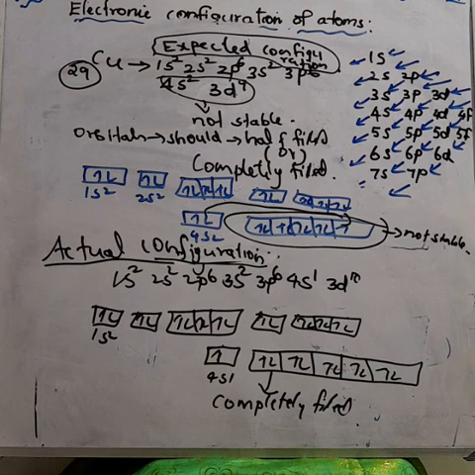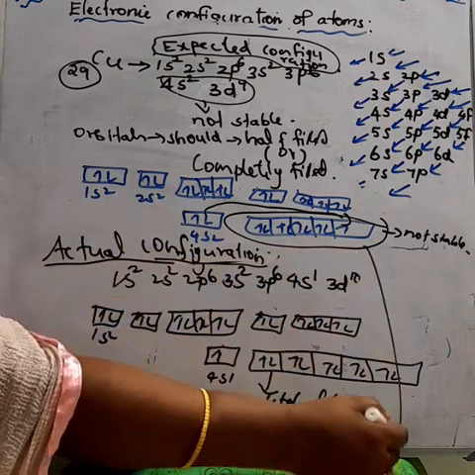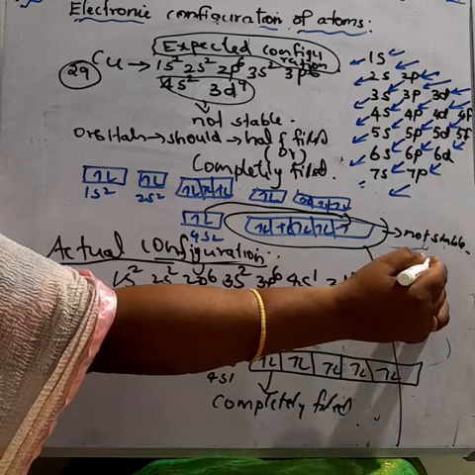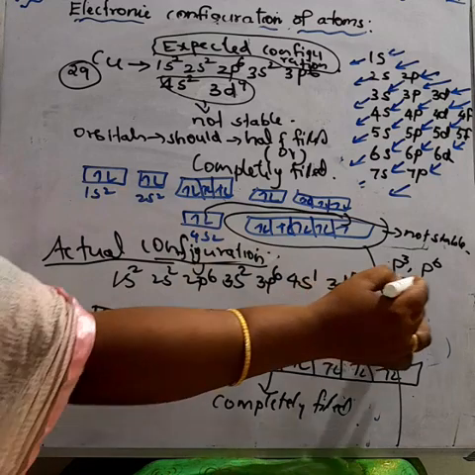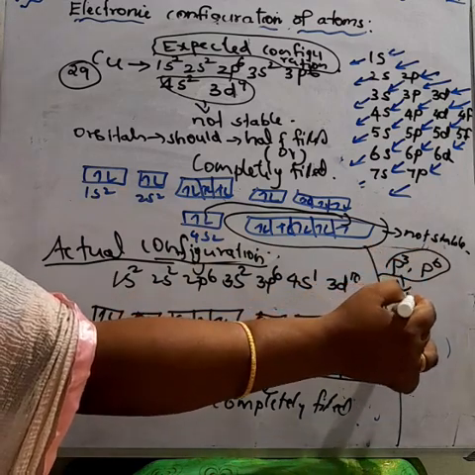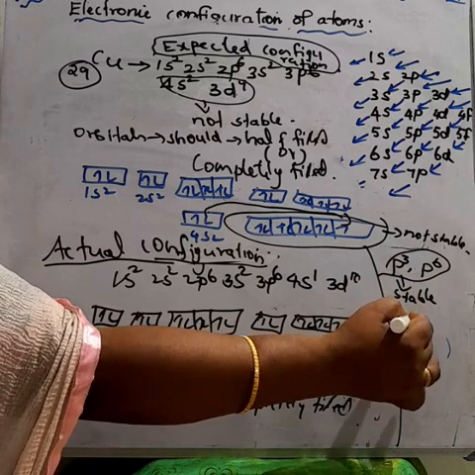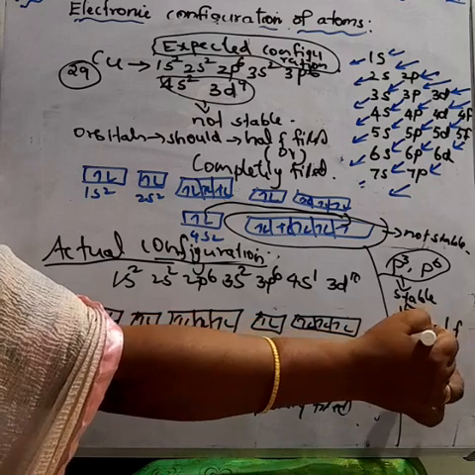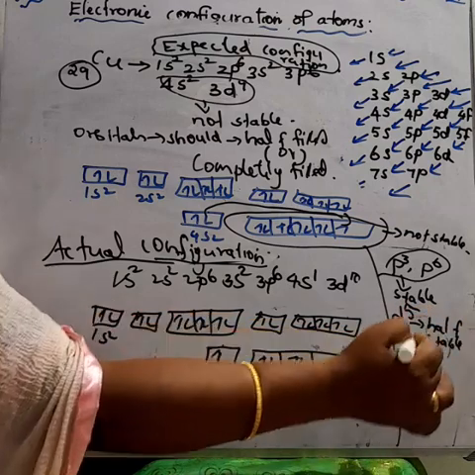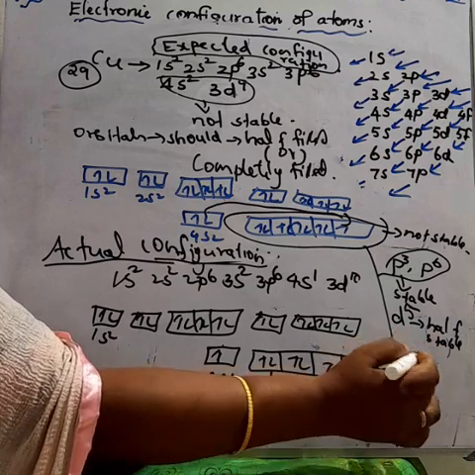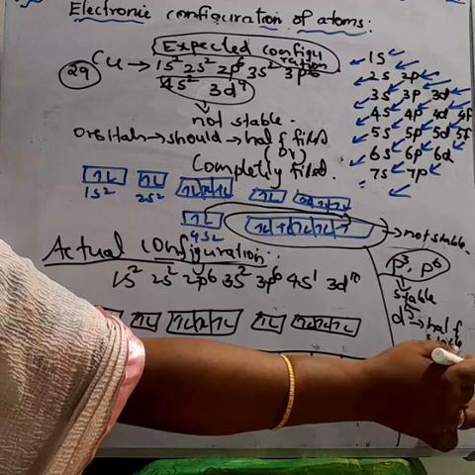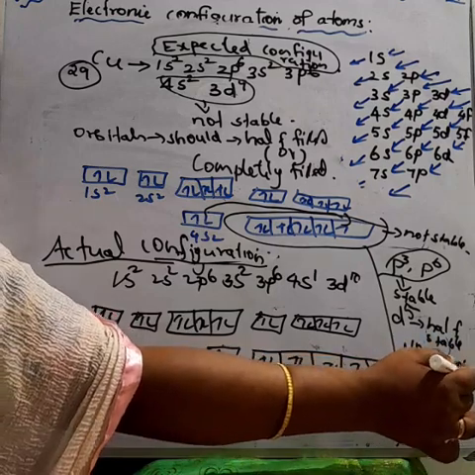Understood? For the p orbital, 3 electrons will be stable, and 6 electrons in the p orbital will give the completely filled stable configuration. For the d orbital, 5 electrons is the stable half-filled configuration, and 10 electrons for the d orbital is the completely filled stable configuration.